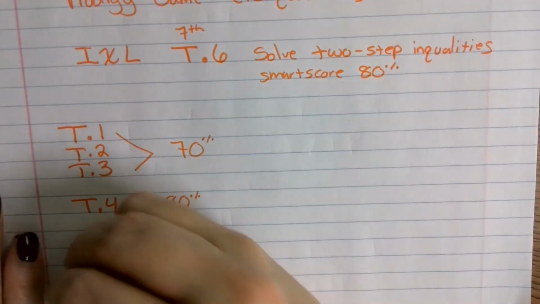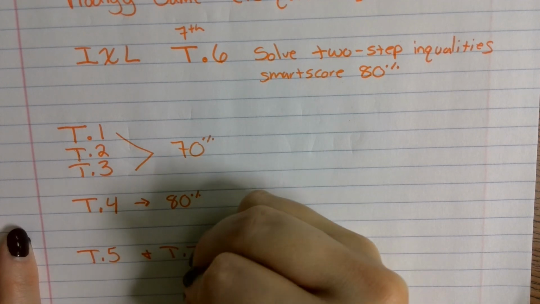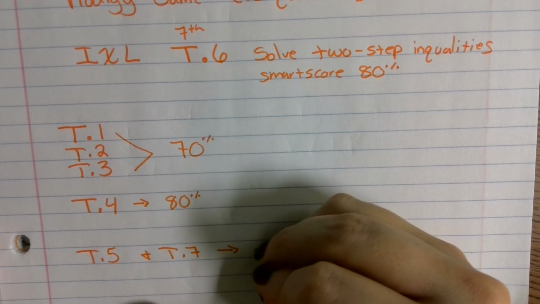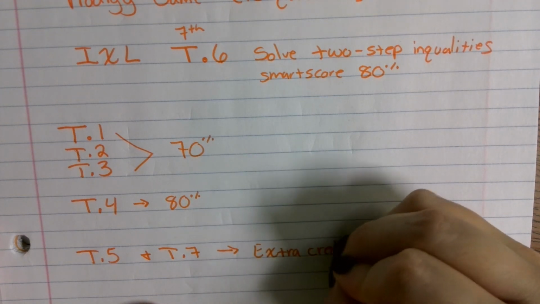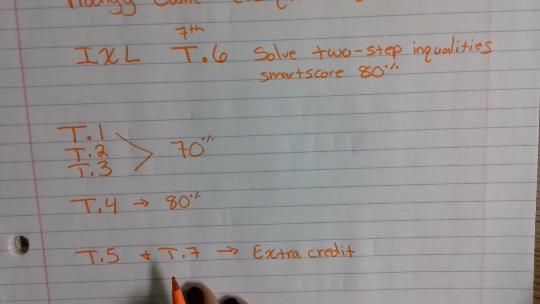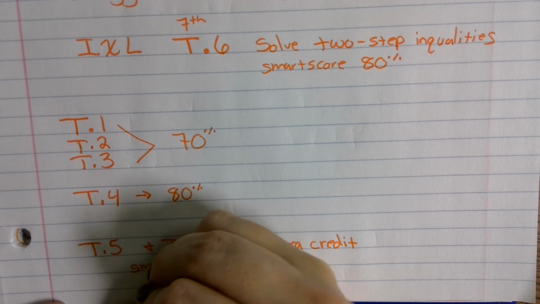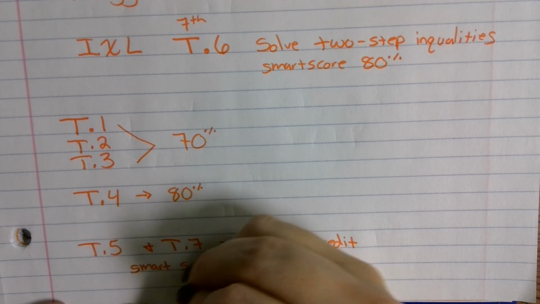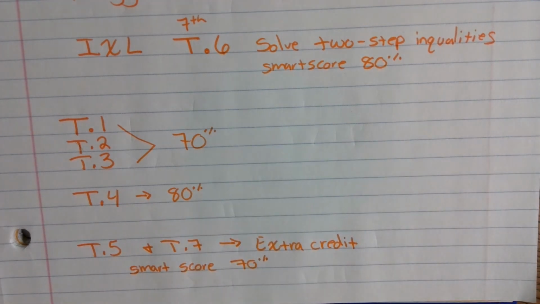If you would like to do T5 and T7, those will be extra credit, and they will be a SMART score of a 70.